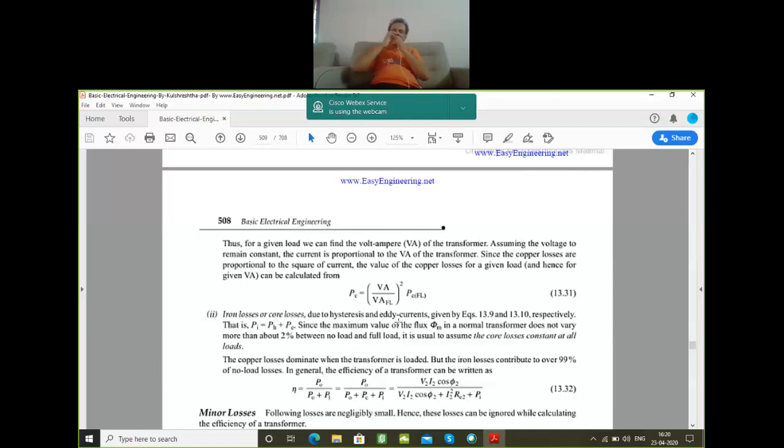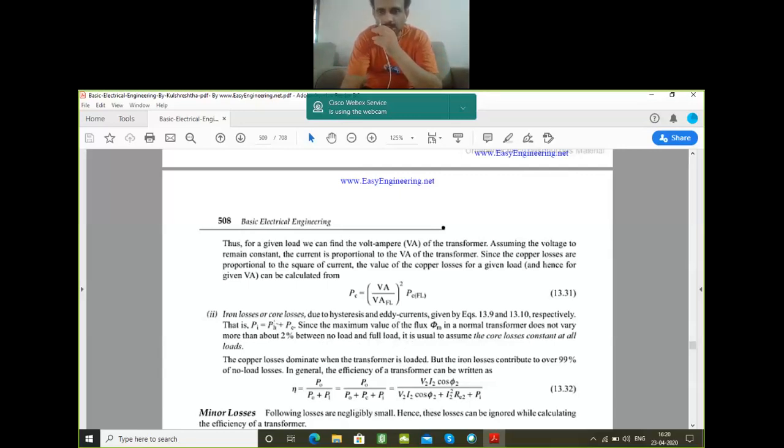The flux phi m associated with the primary and secondary does not vary much, and is the same throughout the transformer. So these losses are constant at all loads.